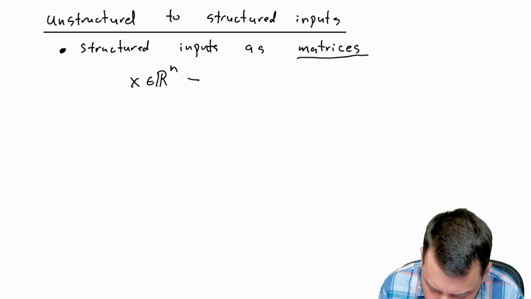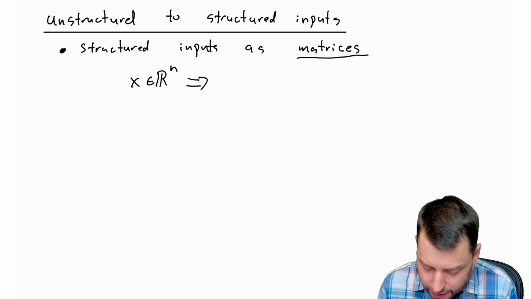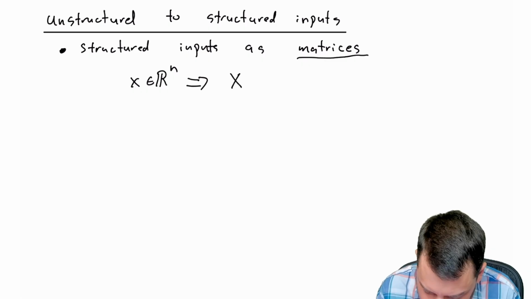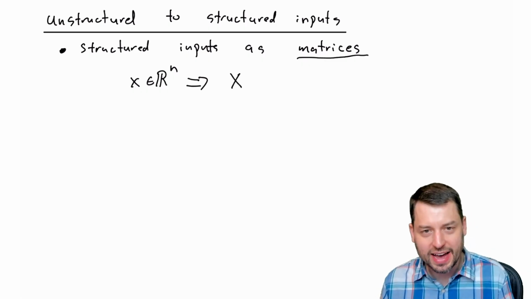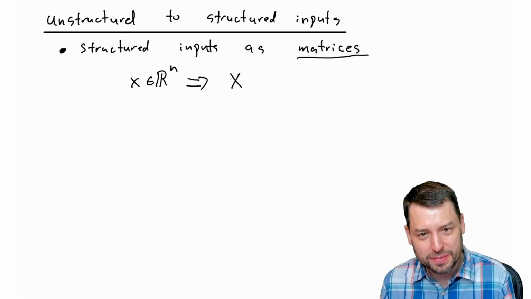And so we're going to move from representing these things as just inputs in Rn to instead matrices, which are going to be a big X. I apologize again for the fact that big X's and small x's look very similar in my handwriting.